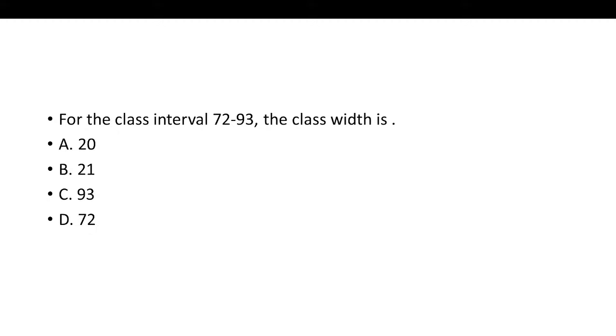For the class interval 72 93, what is the class width? Class width is nothing but the difference between upper limit and lower limit. Can you find the answer? 21.